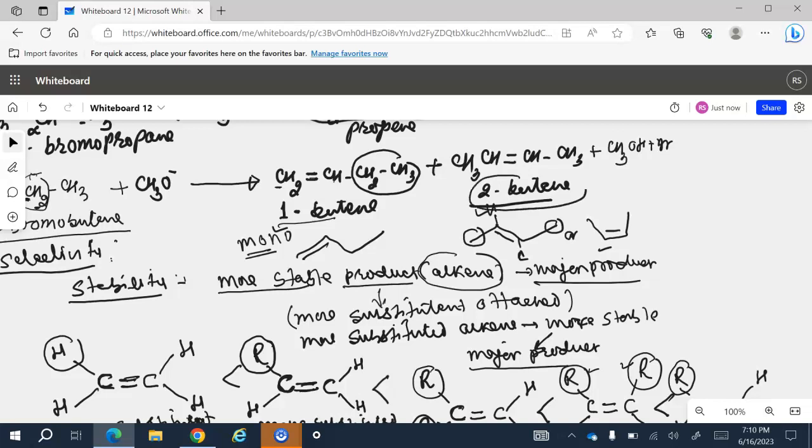The 2-butene will be the major product. In this reaction, 2-butene is about 80% and 1-butene is about 20%. So this is the major product in the regioselectivity.